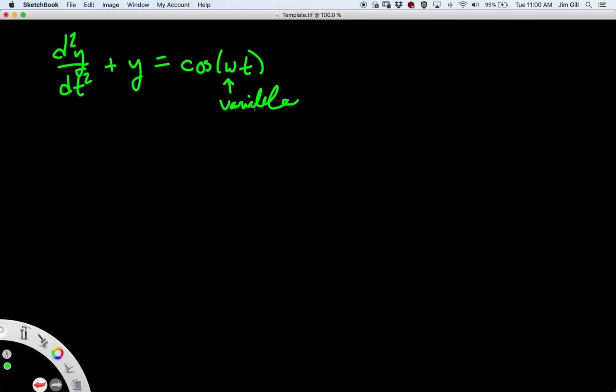Okay, so what we always do first is we solve the homogeneous problem. And to do that, we solve for the roots of the characteristic polynomial, which in this case is lambda squared plus 1.